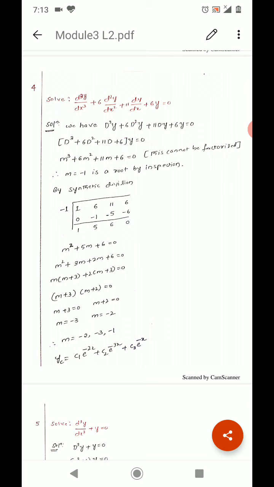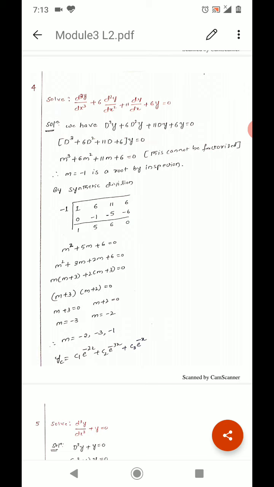By putting -5 below 11 and adding, we will get 6. Again multiply 6 with -1, we get -6. Putting -6 below 6 and adding, we get 0.